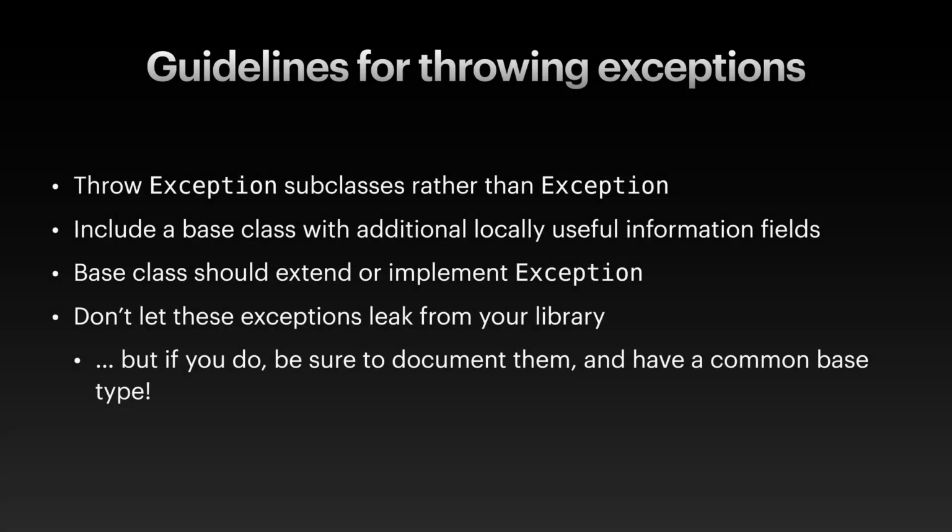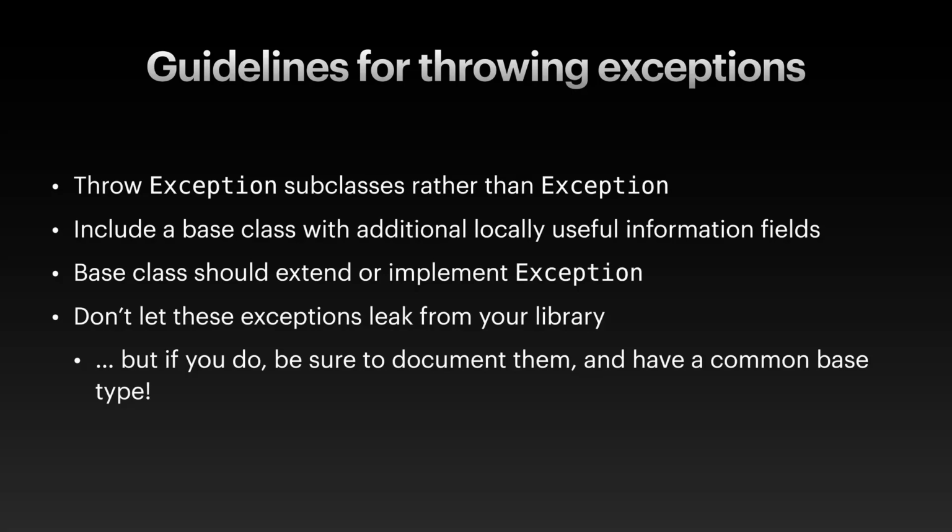So what about throwing exceptions then? That's probably what you'll do more of. So again, you want to throw not exception itself, but a subclass of exception. And that means that you would typically set up a hierarchy of subclasses with a base class with all the additionally local useful information fields for everything that are children of that class.